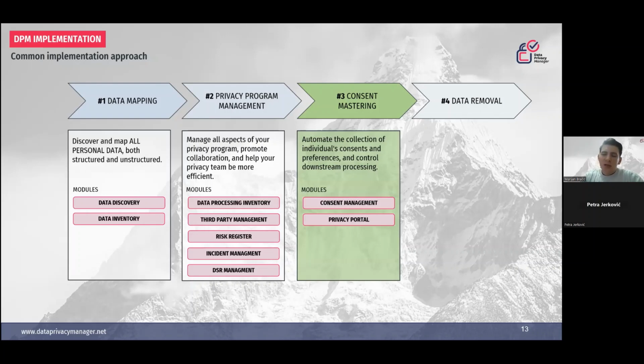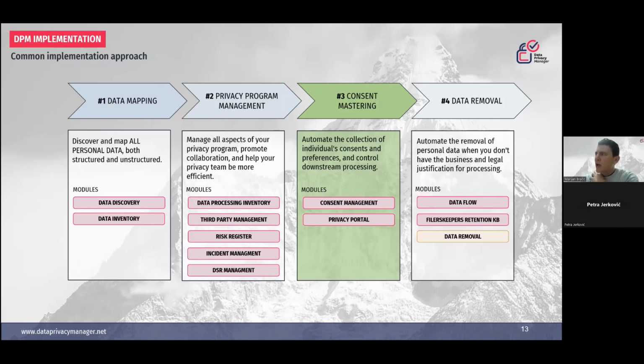The consent mastering, this is what we are going to drill down into. And finally, data removal, it's all about orchestrating the removal, anonymization, or deletion of data when you lose business and legal justification, which will also happen eventually. And you need to do that in order to be compliant.